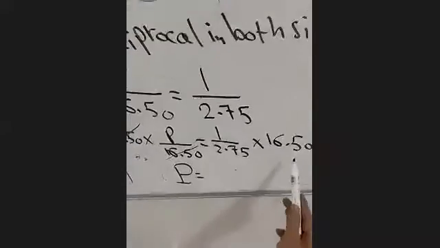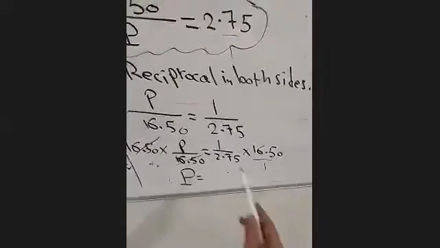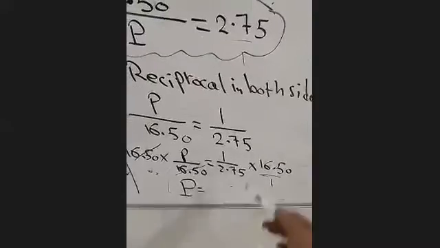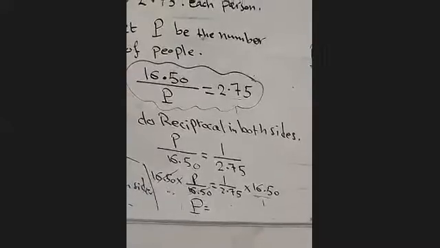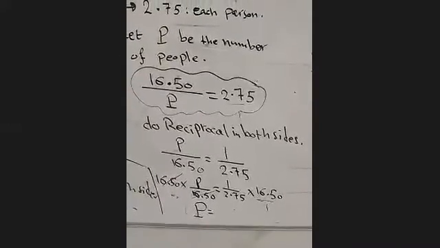Now, this is over 1. We know that. That's 1 over 1. Up, multiply down. It will be division. The answer will be, I think, let me check. 16.50 divided by 2.75.